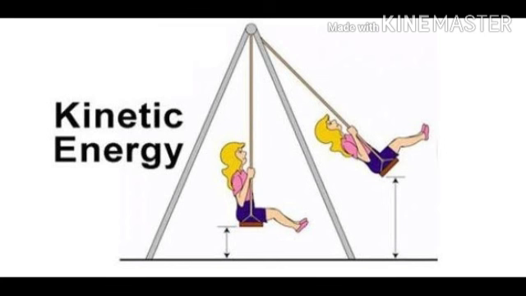That means the moving hammer has kinetic energy and it does work on the nail. If a body initially at rest is made to move, work is done on the body and the body in motion is said to possess kinetic energy. The kinetic energy of the body will be equal to the work done on the body.